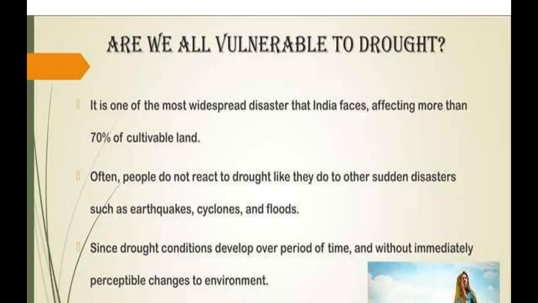Often people do not react to drought like they do to other sudden disasters such as earthquakes, cyclones and floods, since drought conditions develop over a period of time without immediately perceptible changes to the environment. So, we can say drought is a slow onset disaster.